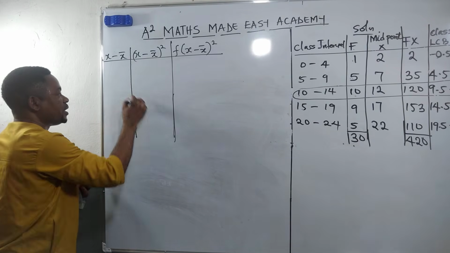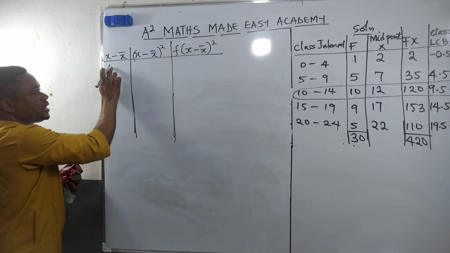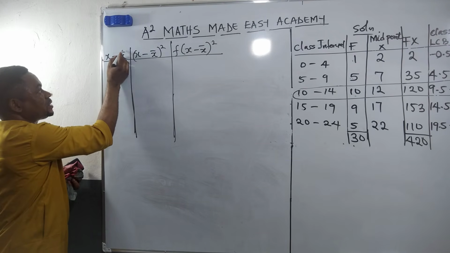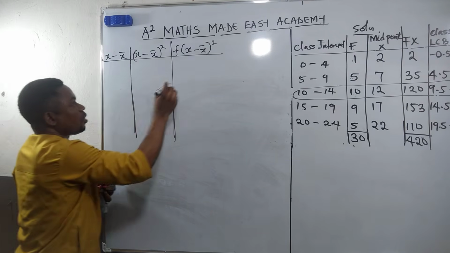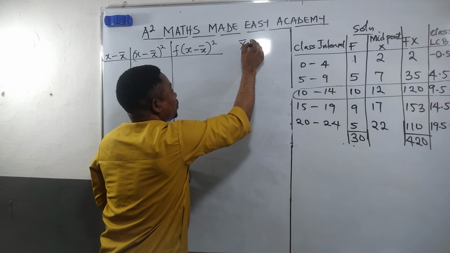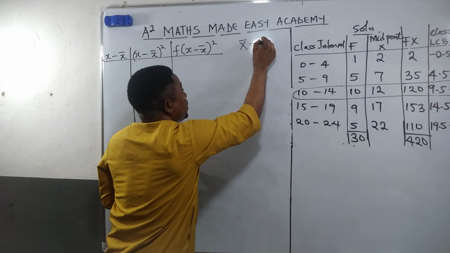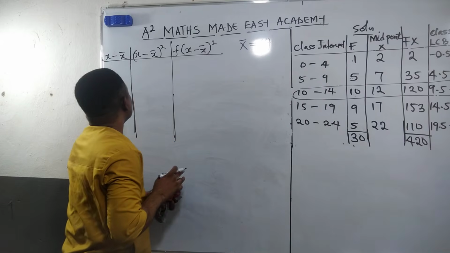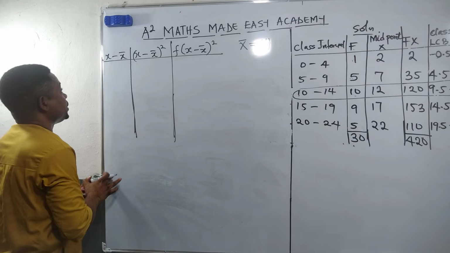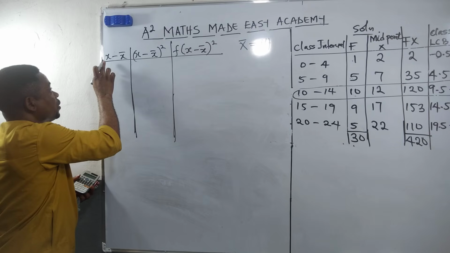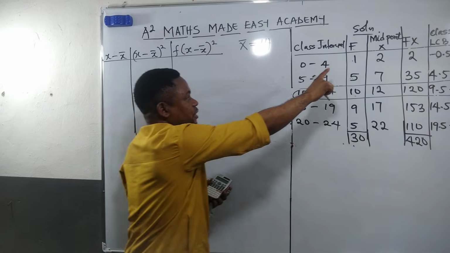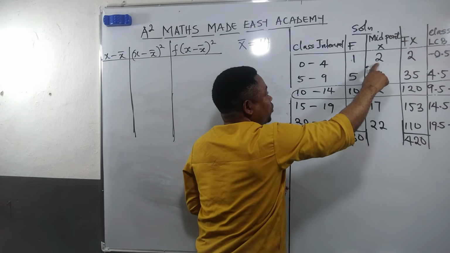Then let's move ahead. Remember that we are considering x minus bar x. Bar x means the mean. Don't forget the first question was to calculate the mean, and the mean we got is 14. Then it is now easy for us to identify each of these values. The first one is x. Go back to the table. The first one is 2.